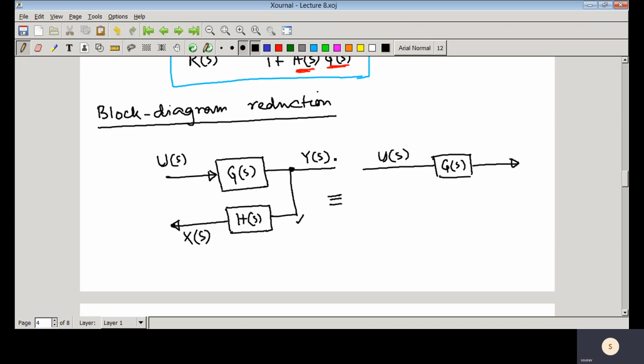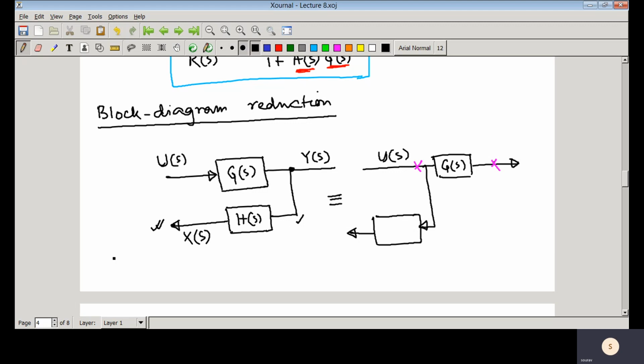That means if you take the branching point from this point to that point, then what happens? If you change the branching point, here you can see what is the signal coming to this particular point.